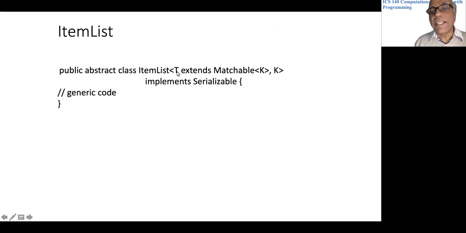In other words, any type T stored in this collection should implement the matchable interface with type K. So if T and K are the two parameters, T should be implementing the matchable interface for the parameter passed in the second position. T extends matchable means that T is implementing the matchable interface for this type K, where K is the second parameter.